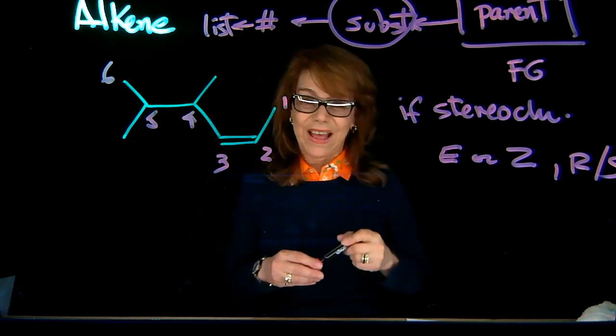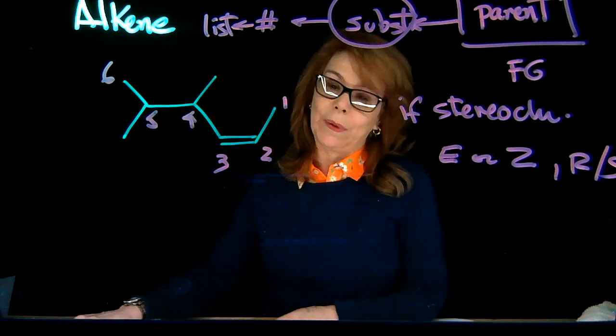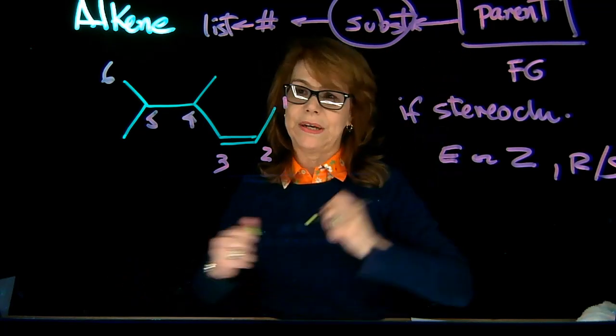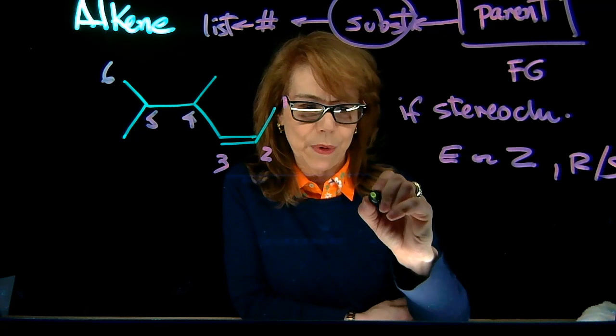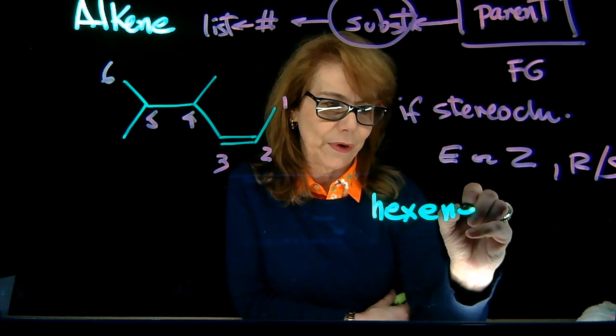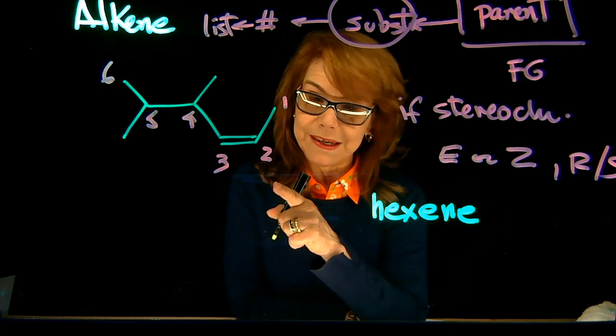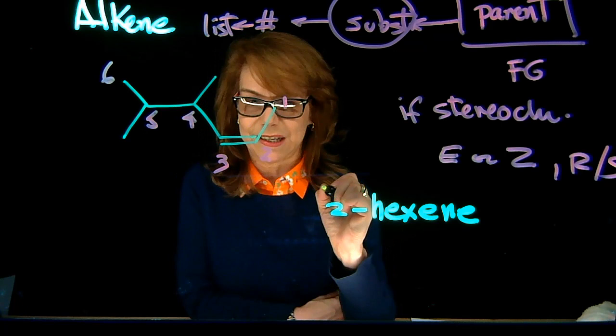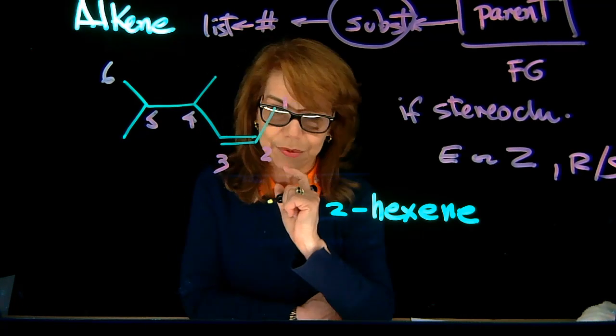All right, so that's the longest chain that contains the double bond, and now that's my parent. So I'm going to name that. Hex is my prefix, and so hexene. But I need to say where the double bond starts. So this is 2-hexene. The double bond starts at carbon 2.